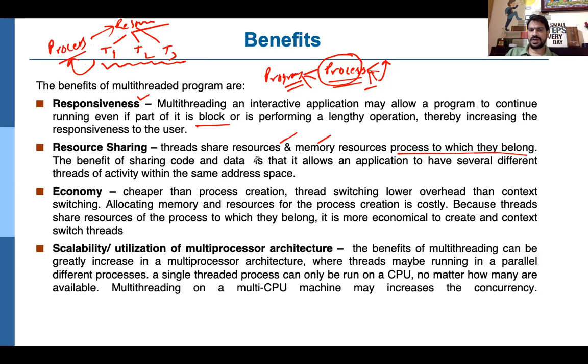The benefit of sharing code and data is that it allows an application to have several different threads of activity within the same address space. Because of the sharing property, we can have multiple threads, and for creating them we don't have to allocate many resources separately, because they are using the memory, the code, the data, and their open and close files.